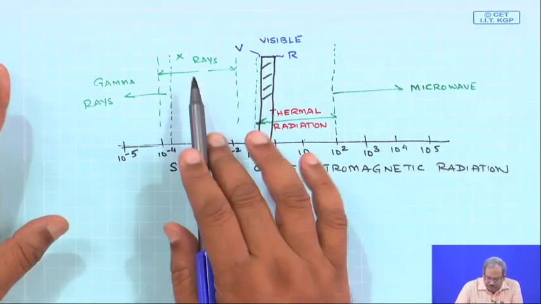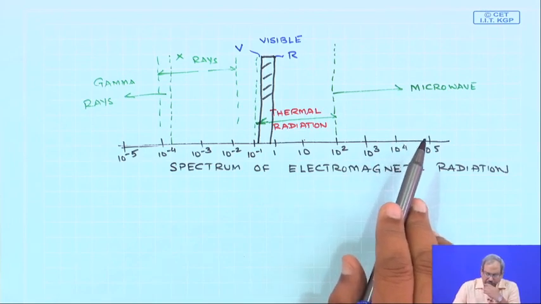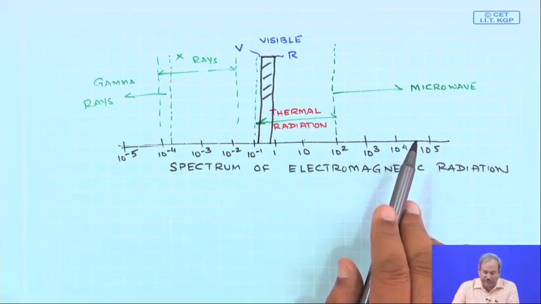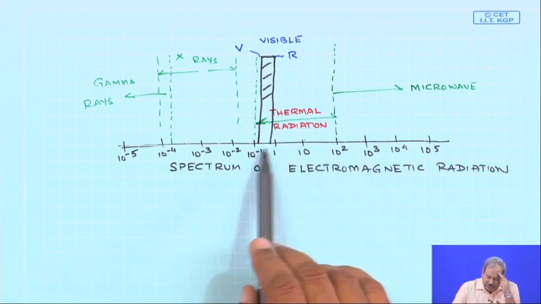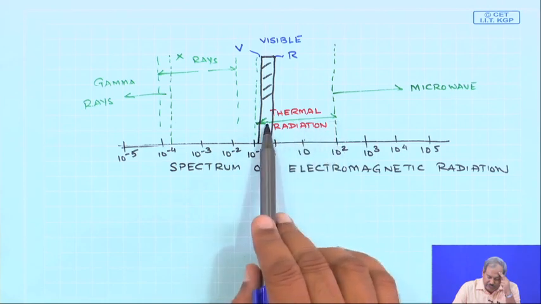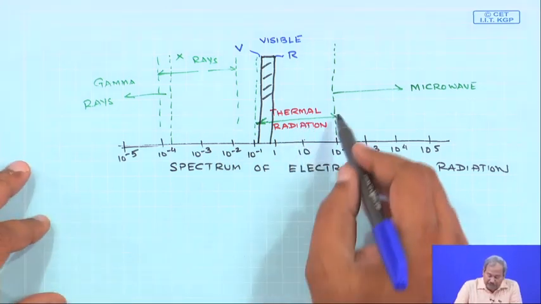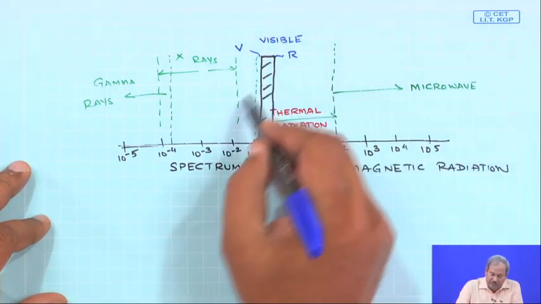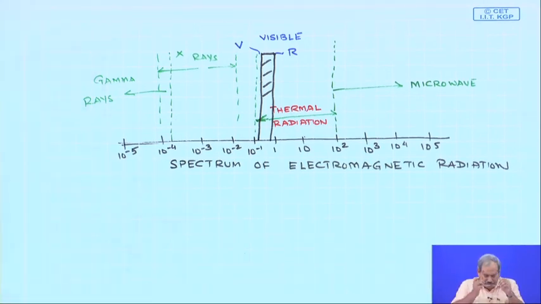So, this is more or less the visible spectrum, but between 0.1 and 100, this is the range in which most of the thermal radiation is going to be concentrated, and this would be the region which we would study in this part of the course.